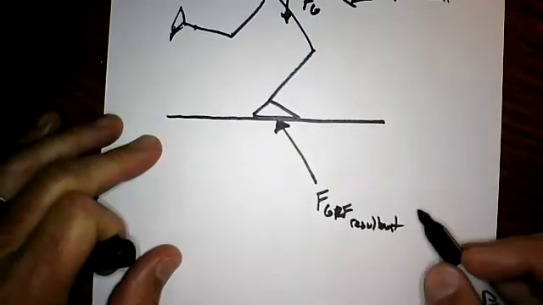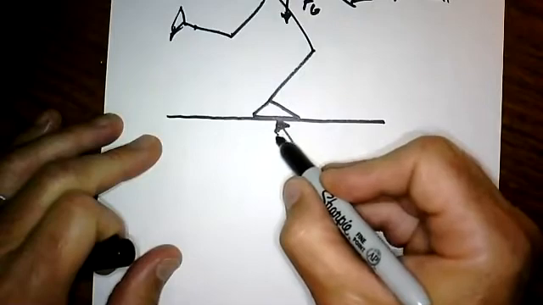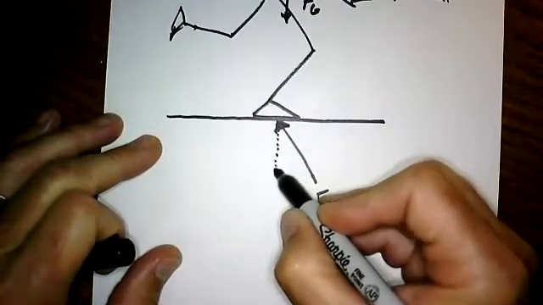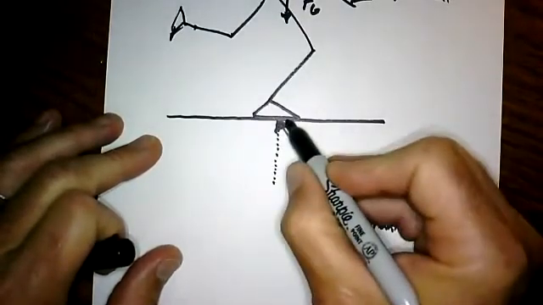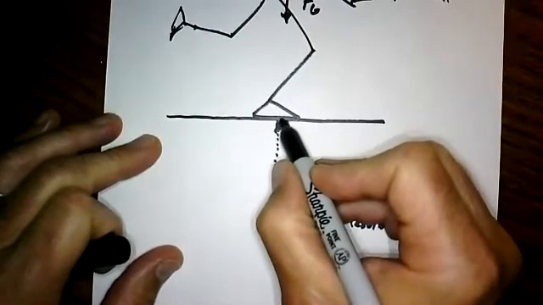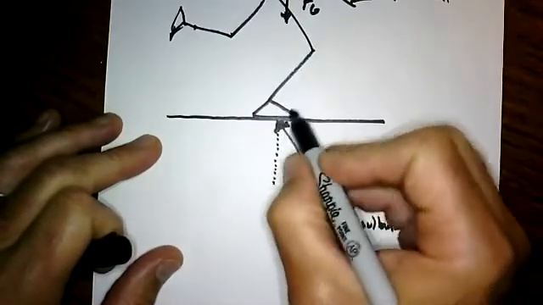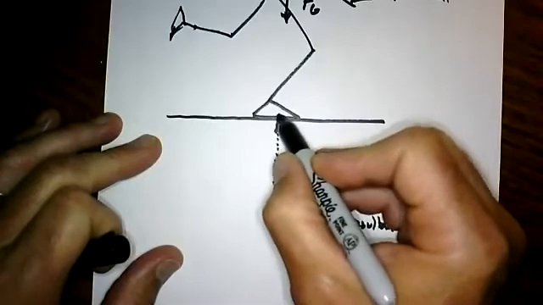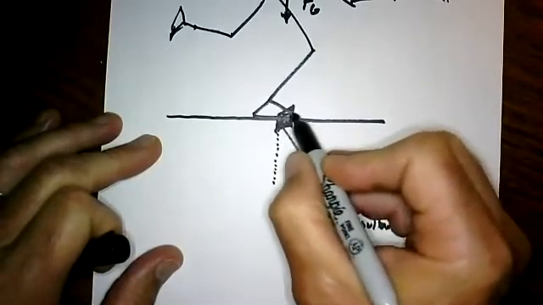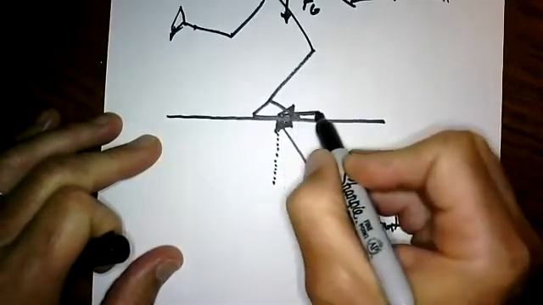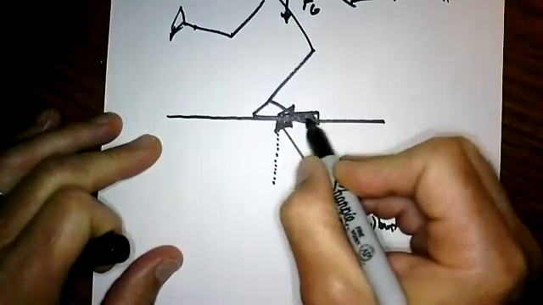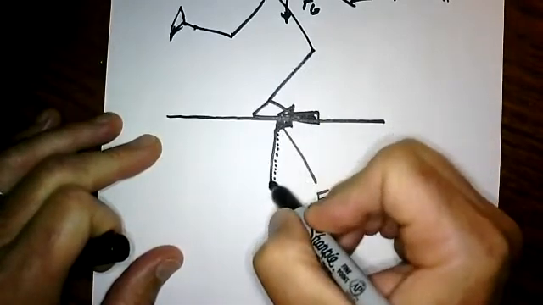So the way I've drawn this, I can draw out the vertical component and the anterior-posterior component. I'm not going to be able to draw the arrow very well here, I've just got black marker, so I'm going to draw it as a thick line, and I'll do the same here.